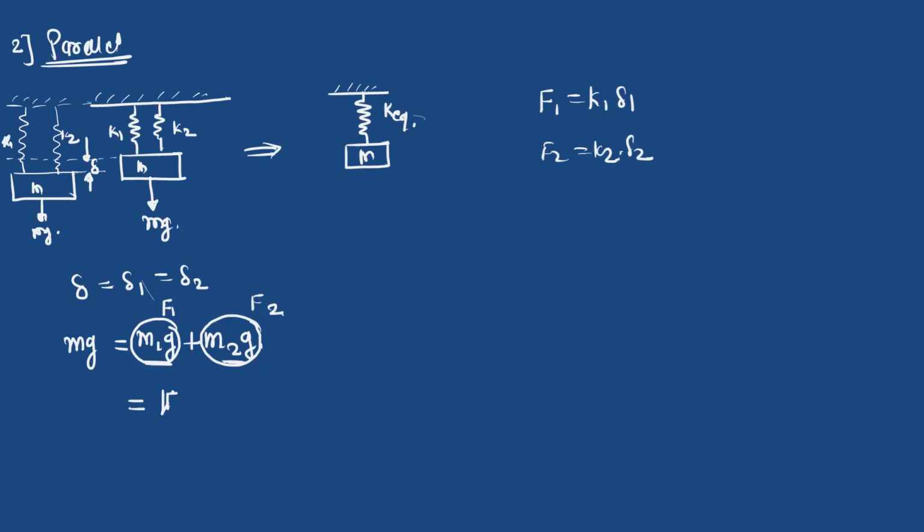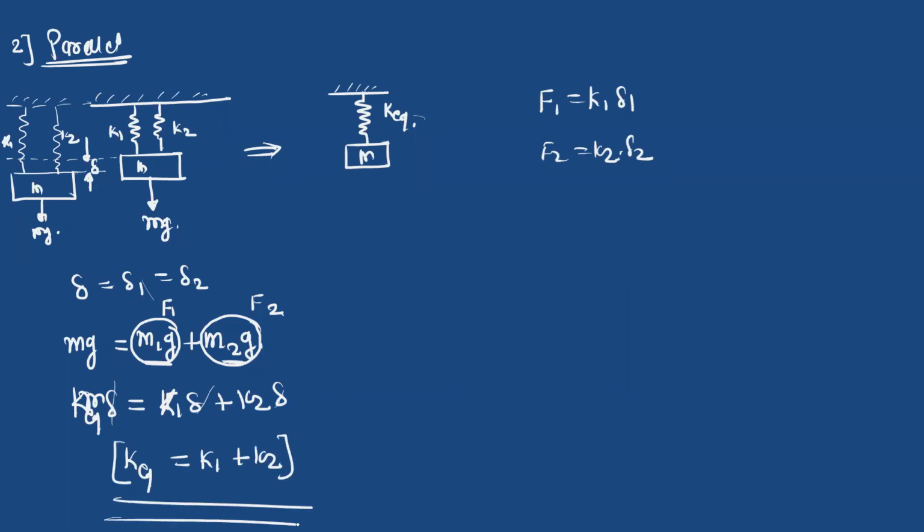So we can write K1 into delta plus K2 into delta, that is equal to mg, and mg is nothing but K equivalent into delta. So delta we can cancel out. The remaining value is K equivalent is equal to K1 plus K2. So this is the relation to find out the K equivalent for the parallel arrangement.